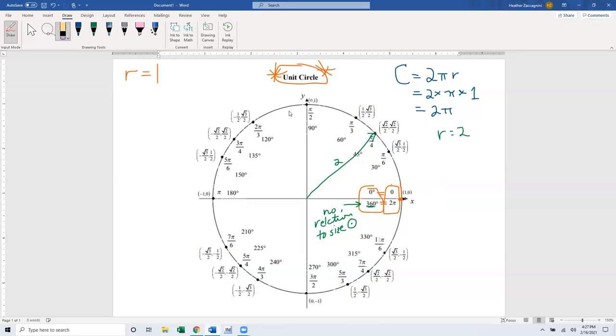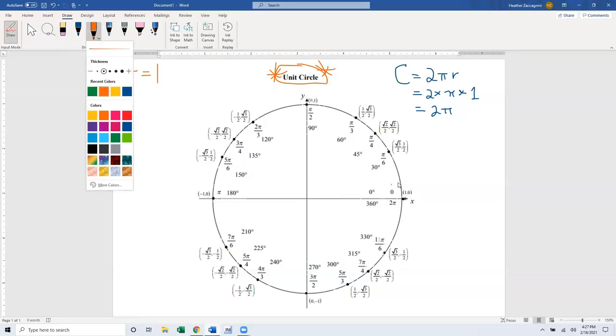So when we switch over to the 0 and the 2 pi, they are in a different unit. So I'm going to get rid of the r equals 2 because that was just to explain, and we don't really care about that. And I'm going to get rid of this. And we're going to talk about this 0 and 2 pi a little bit longer.